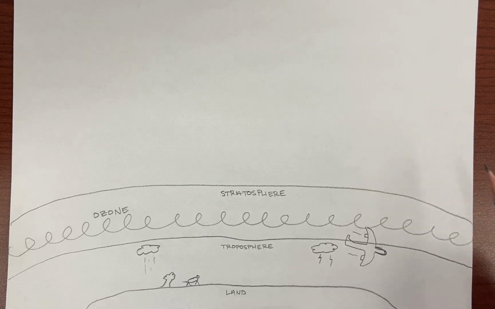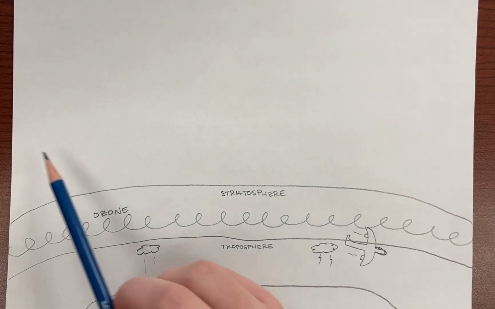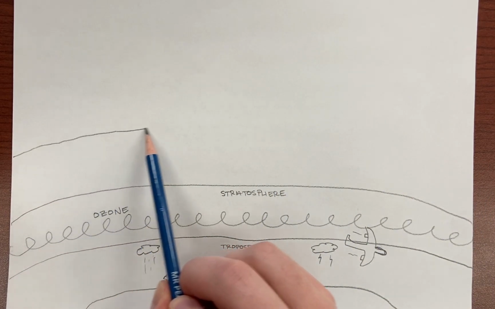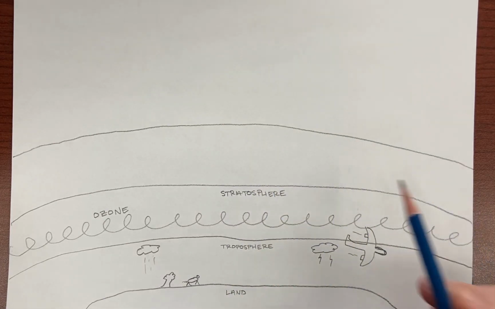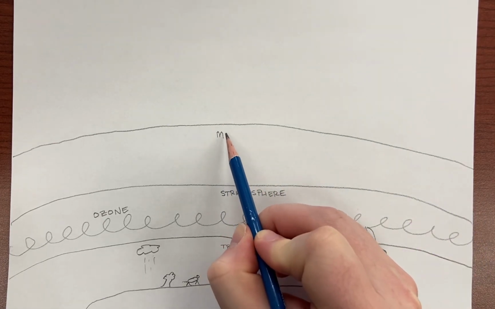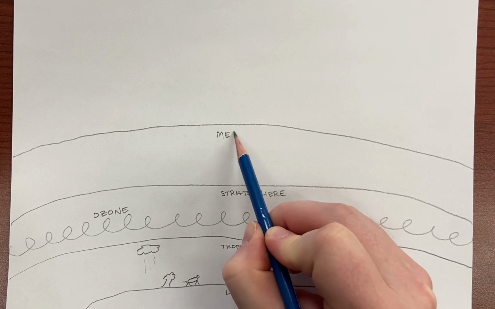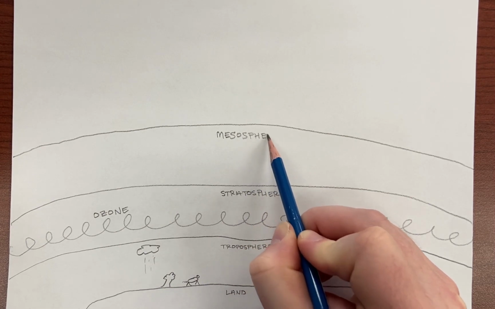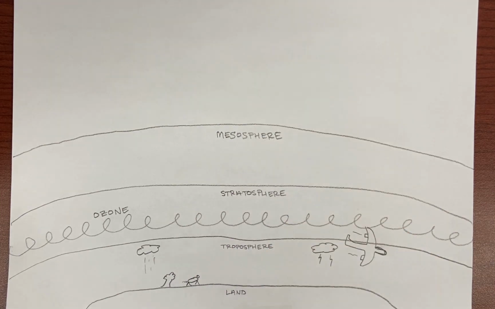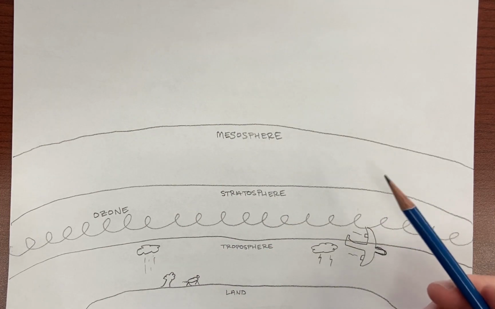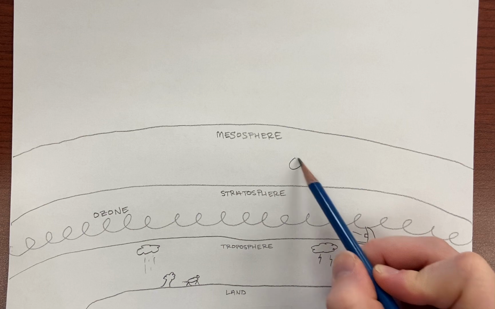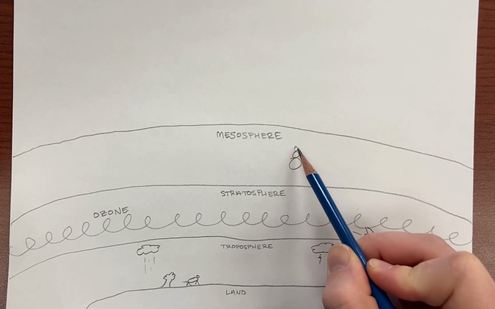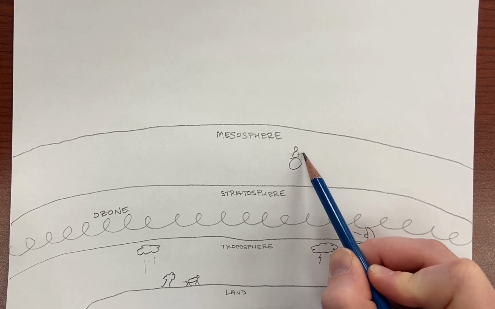So next up, after we get through the stratosphere, we'll find ourselves in the coldest layer of them all. It's also our middle layer. It is the mesosphere. Since it is the coldest, however you want to showcase that, you can maybe draw a snowman.